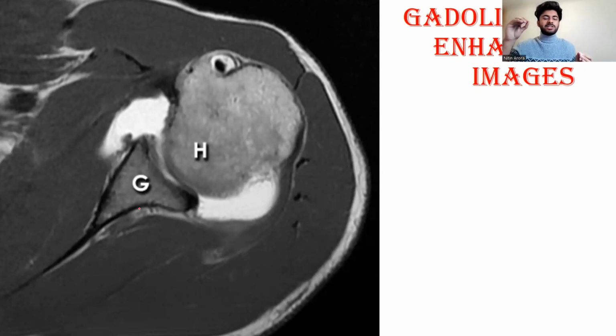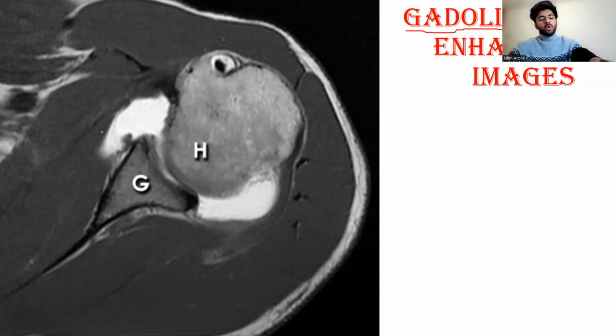In that case, you need something called a contrasting agent, gadolinium. Gadolinium is a substance that you put in joints or intravenously. It goes to the part which you want to scan, and then it gives you a bright image because it reflects more energy while you do the MRI scan.